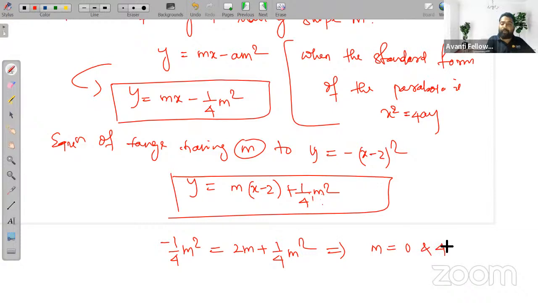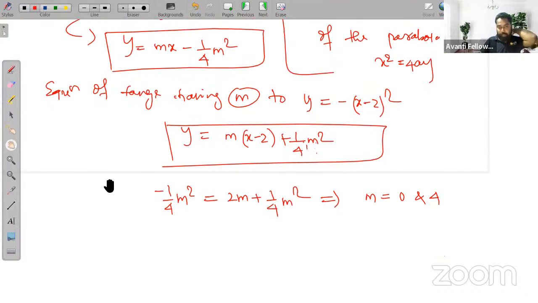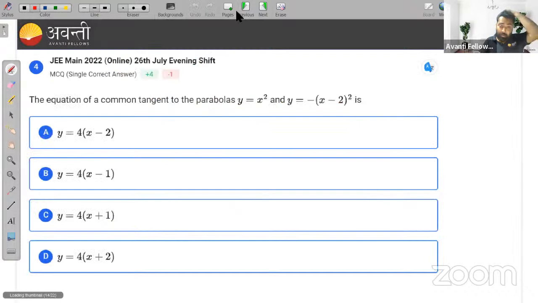If m is 0 and 4, then tell me what is the equation of tangent here? If m is 0, it will not be, no, in case of 0 it will not be, right? Okay, let me check what he is asking in the question.